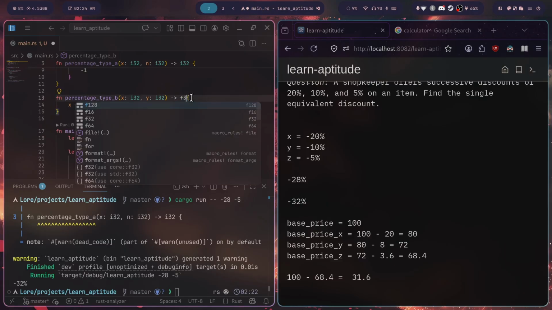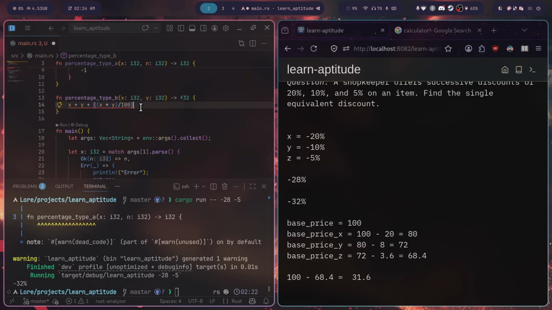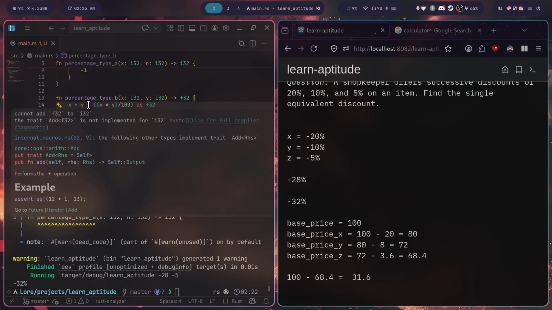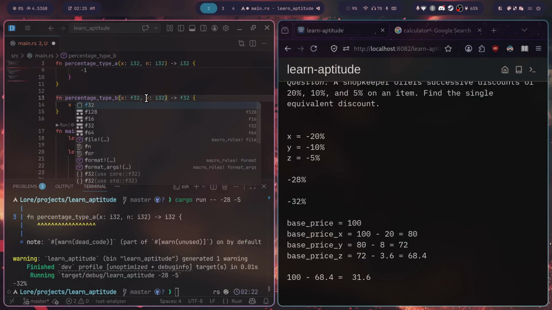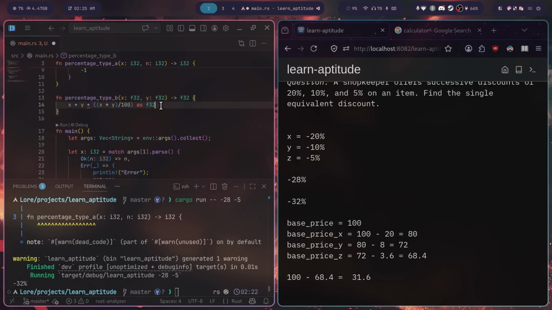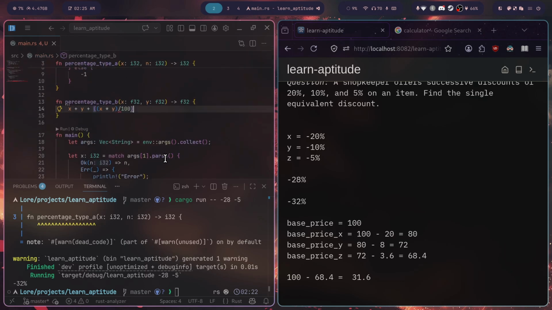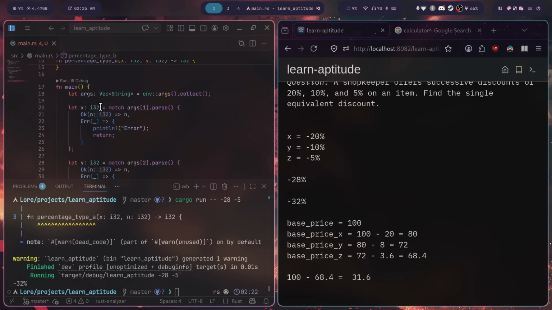I think if I could do F32, it should give me F32. Can I add F32 to I32? Okay. Oh, so these are I32, right? Let's see, F32, and I can just remove this one, and this should do the deal.